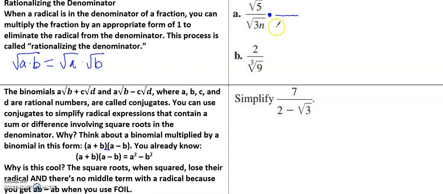What do I mean by that? Well, you may not know why I'm doing this yet, but what if we multiplied by the square root of 3n over the square root of 3n? Look at this denominator: the square root of 3n times the square root of 3n. That's like the square root of a times the square root of b, right?